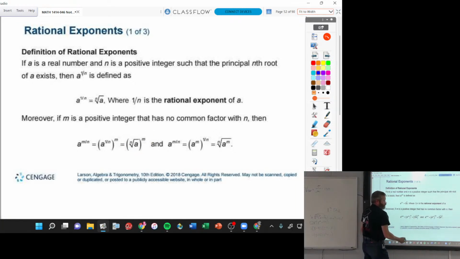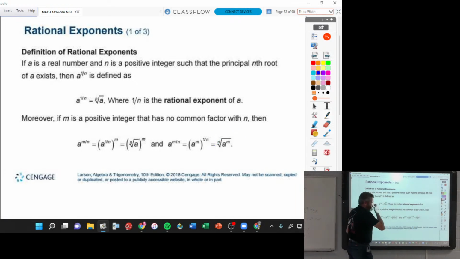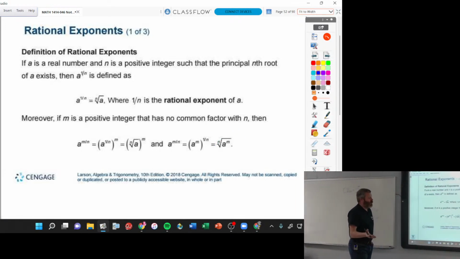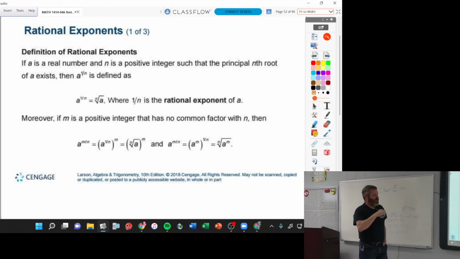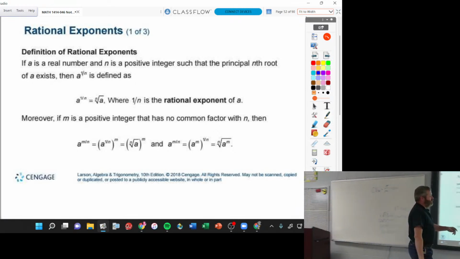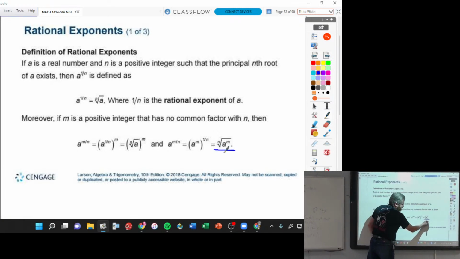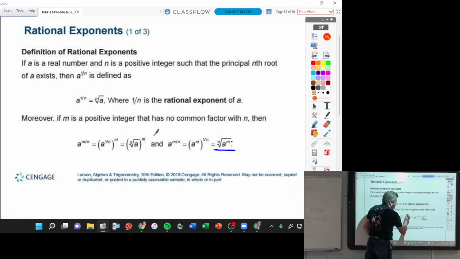You can write that power on the whole radical when you put it in parentheses, the nth root of a. Or you can write the m on the a inside the radical. That's one of the properties we did a while ago anyway.